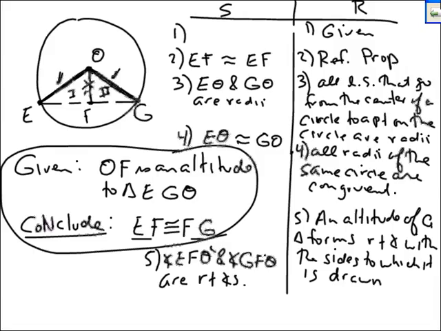In other words, if you have any triangle, and you go to this point, to draw an altitude, by definition, you go to the side underneath it, but it better form a right angle.